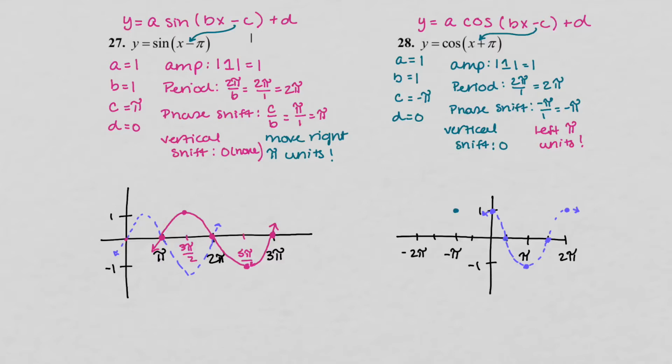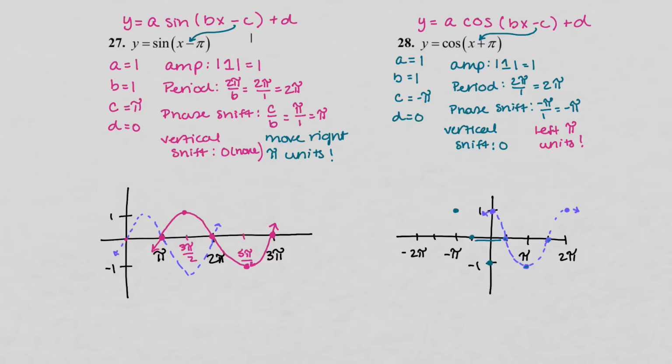If I move my x-intercept at pi over 2 left pi units, that comes to -pi over 2 because this distance here is pi. If I move my -1 value at pi, that minimum point, left pi units, I'm hitting the y-axis at -1.